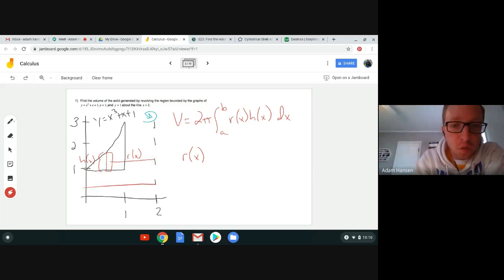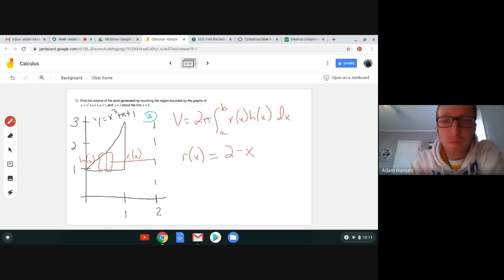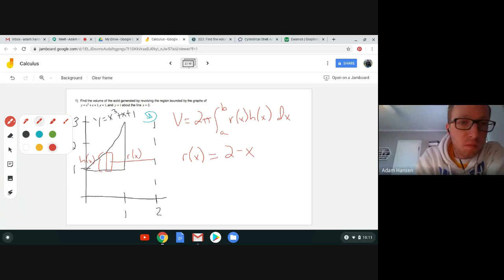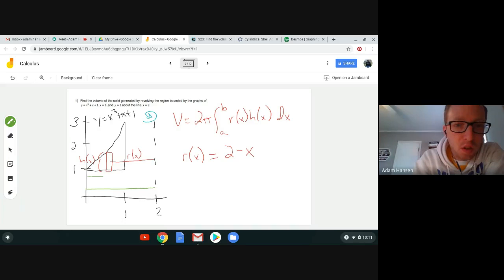Well, if this is 2, this is x, then this would be 2 minus x. We had x here, we had 2 here, so what's left over for our radius is the difference of 2 and x, 2 minus x.